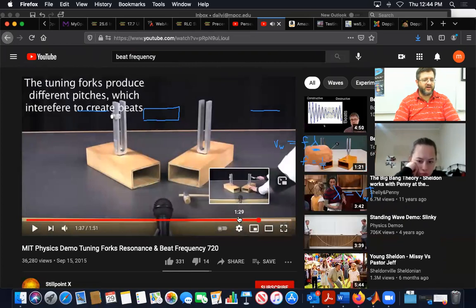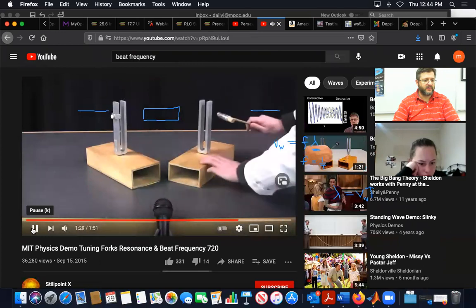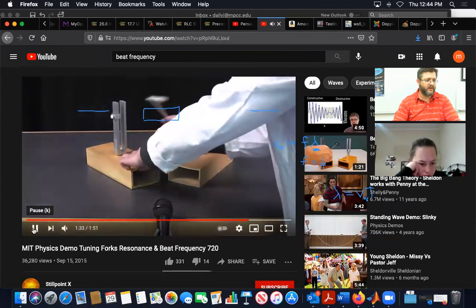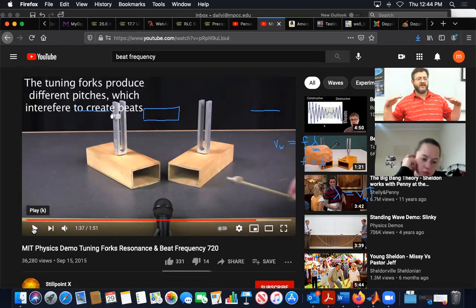So this is when you just hear one of them. And that wah, wah, wah is the beat frequency. That's the thing that's doing the beating. The reason is that the overlap of the waves creates constructive interference sometimes, so it gets louder, and destructive interference sometimes, and it gets softer.